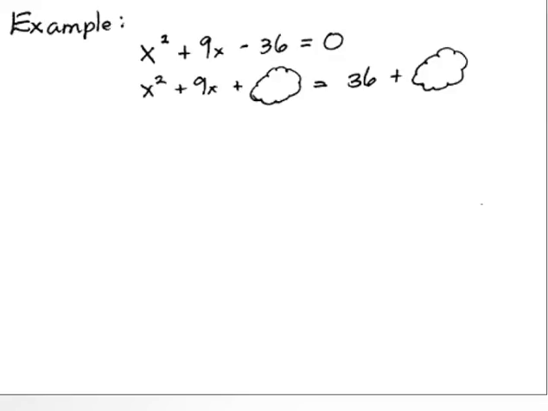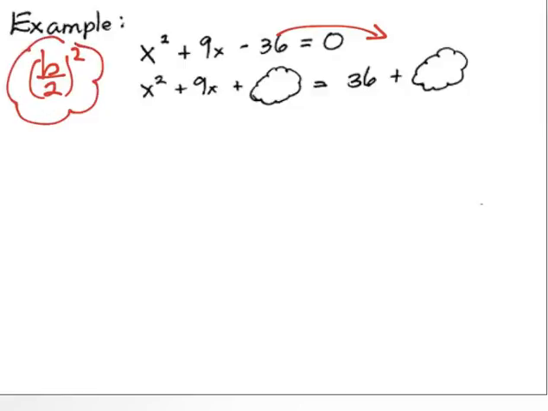Okay. Now it does get harder because there's something special that we've been doing up until now. We did not like negative 36, so we shoved it to the other side, which makes it positive 36. And we know that puffy clouds are b over 2 squared. That's what a puffy cloud is. So what is 9 over 2? Well, it's 9 over 2.